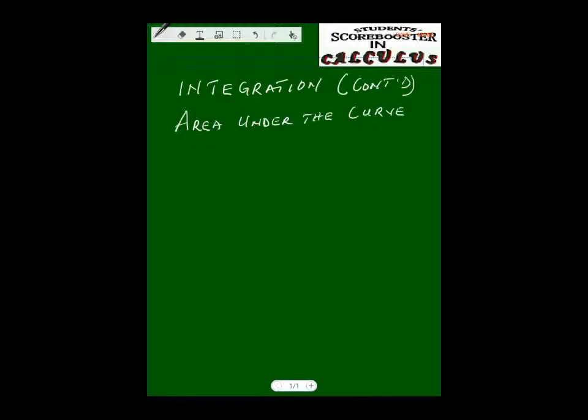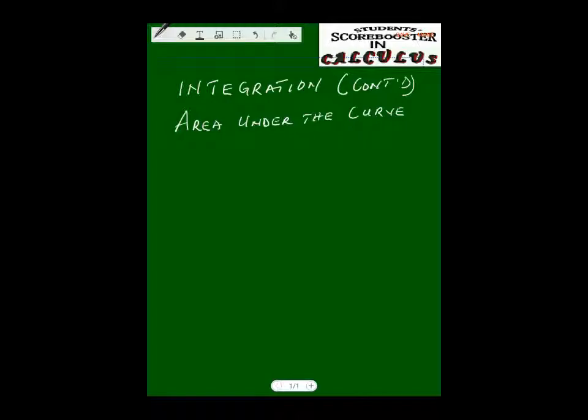in all human endeavors, be it science, engineering, medicine, commerce, business, economics, just name it. Graphs or curves are used to explain or present results of findings.